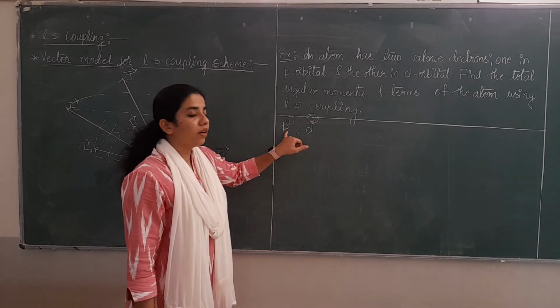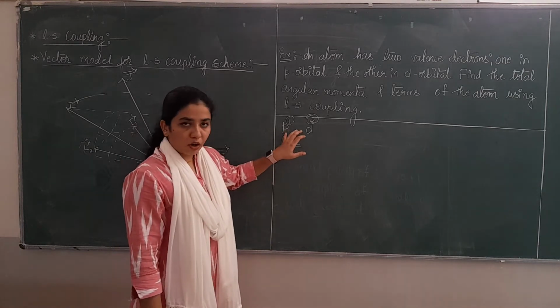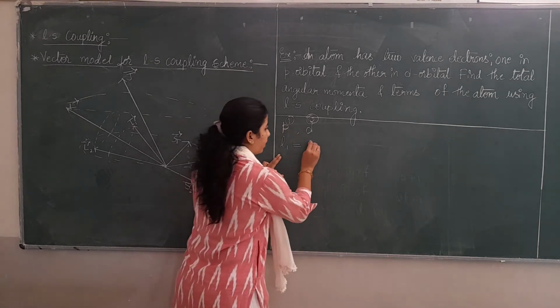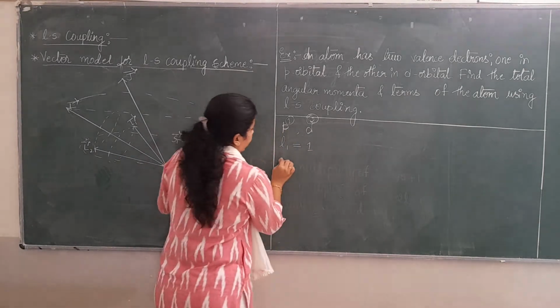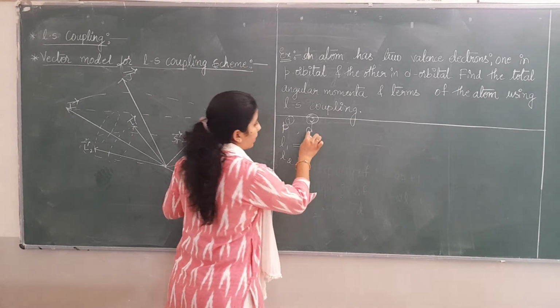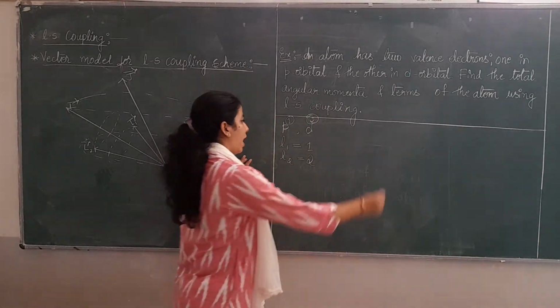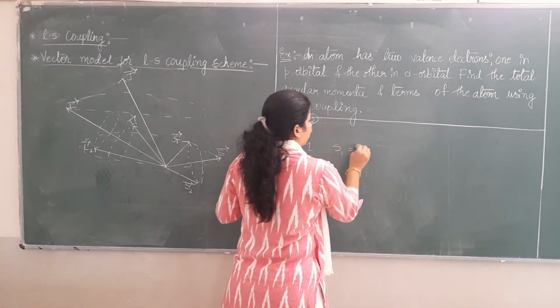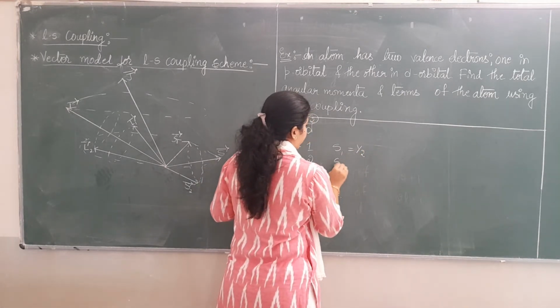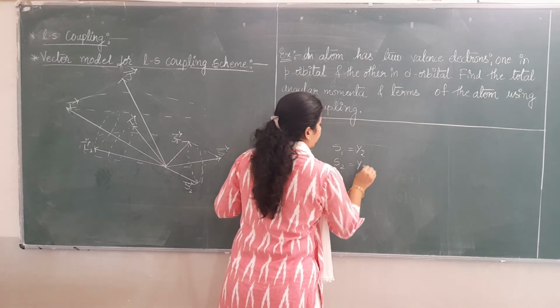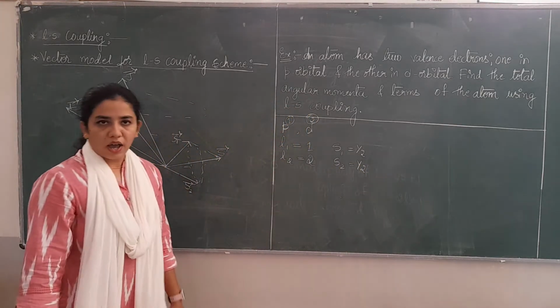For the p orbital, L1 will be 1. L2, for d, will be 2. S1 for the first electron is half, and S2 for the second electron is also half.